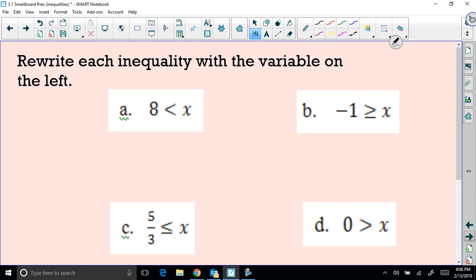And then here's the last thing we're going to do. I always want you to rewrite with your variables on the left so that you don't mess up your shading. So when you rewrite, all you're going to do, put your variable, put your number, and then you just need to make sure whatever your sign is eating up here, it needs to eat down here. So if you look, it's eating an X. I need to make it eat the X. And there it is.